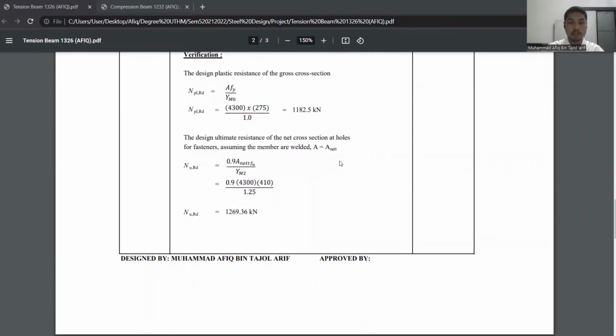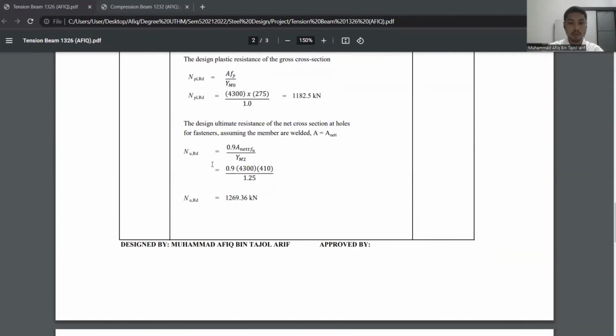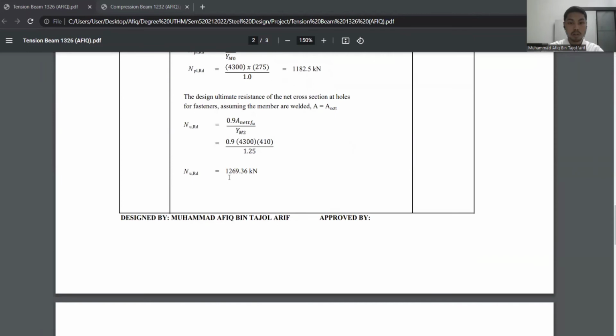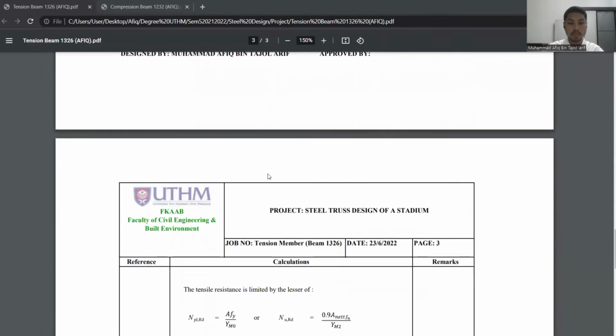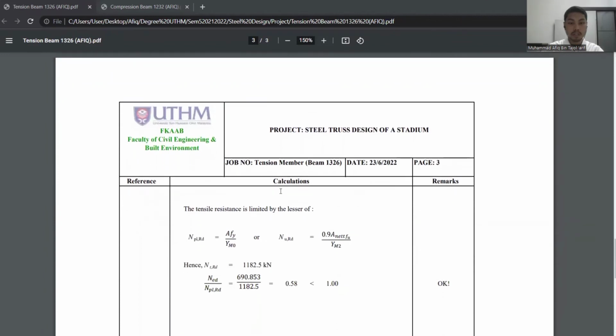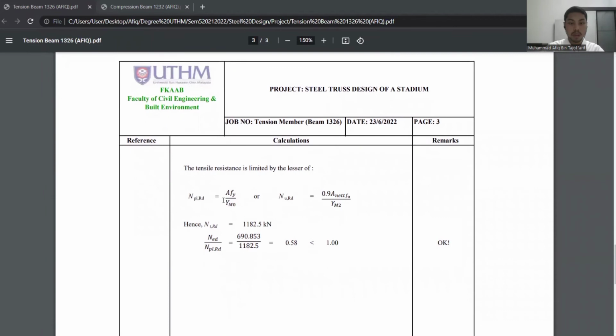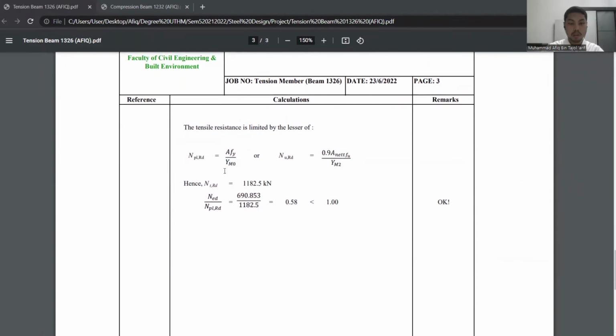The design ultimate resistance of the net cross-section at the hole for fasteners, assuming the members are welded, A equals A net, gives Nu,Rd of 1269.36 kN. The tensile resistance is limited by the lesser of Npl,Rd or Nu,Rd, and we use the value of Npl,Rd as Nt,Rd because the value is lower.